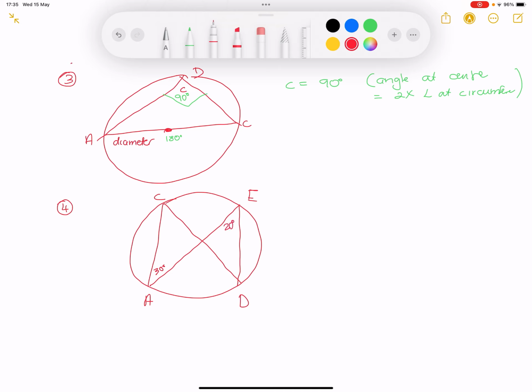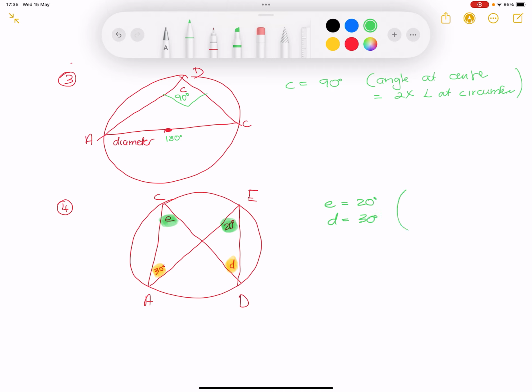This is E, and this is D. Okay, when it's like a butterfly, it's not like alternate angles, right? So that means that this angle is equal to that one. And this angle is equal to that one. So then you just write E is equal to 20 degrees and D is equal to 30 degrees.